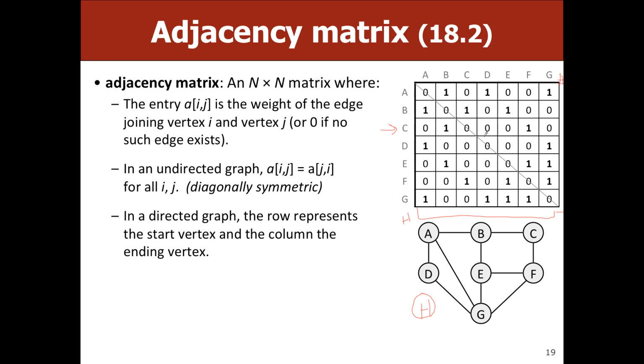So this is a major improvement over our edge list, because with our edge list, we had to go through the entire list of edges, which is a lot, right? That's O of E. In this case, we only have to go through all the vertices. But that's still not great, because with our adjacency list, we just needed to go through the actual list of neighbors, which is basically as good as it gets, right? So this one's kind of medium at that.